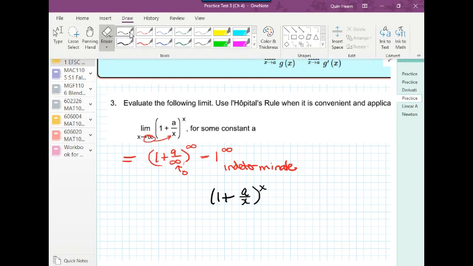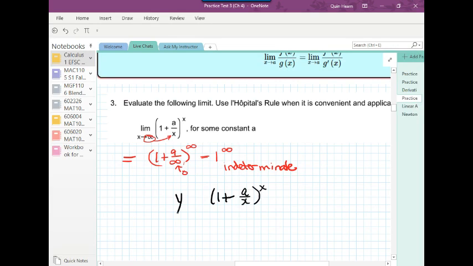And so you'd have something of 1 to the infinity power. This is also an indeterminate form. Unfortunately, we don't have a rule for that form. So we have a little bit of work to do to try to get this into a form where we can take the derivative. Or sorry, apply L'Hopital's rule, hopefully. Okay, so this is indeterminate.